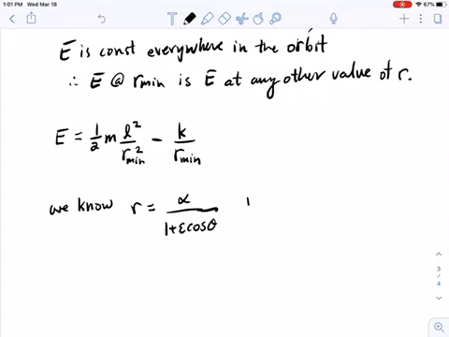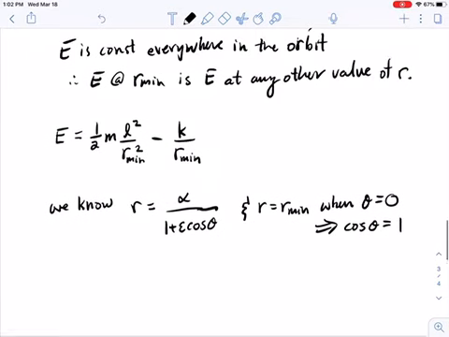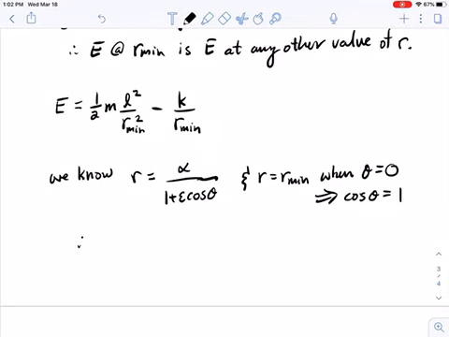And r is equal to r min when theta is equal to 0. Well, theta equals 0 just gives us cos theta equals 1. So cos theta is equal to 1 when theta equals 0. So that means that our r minimum is just equal to alpha divided by 1 plus the eccentricity.